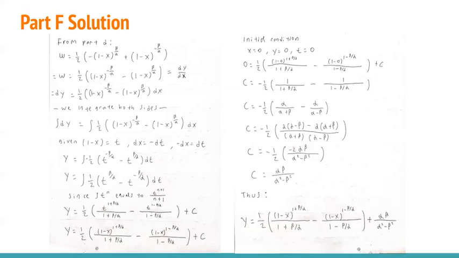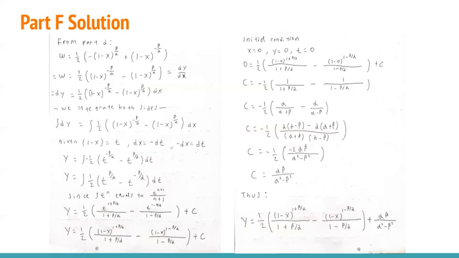And we can also rewrite this equation to y equals the integral of 1/2 times t to the power of beta over alpha minus t to the power of negative beta over alpha dt. So since we know that the integral of t to the power of n is equal to t to the power of n plus 1 over n plus 1, we can solve this integral.